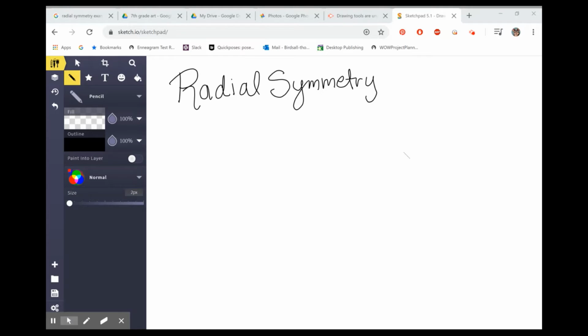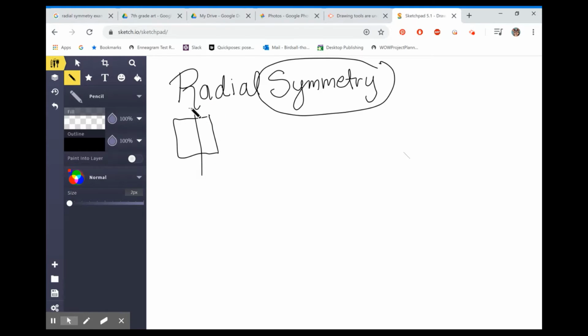Now that we've learned about Andy Goldsworthy, one thing I want to talk about is radial symmetry. Let's first take this word symmetry. We know that symmetry is being able to split something in half and have it be the same on both sides, if that was a perfect rectangle there.